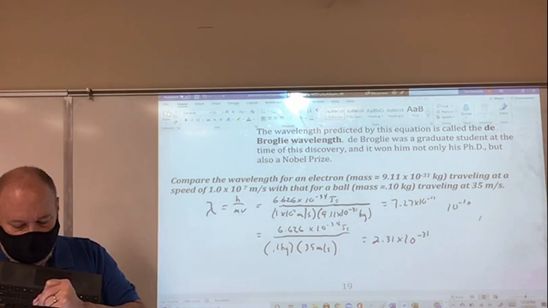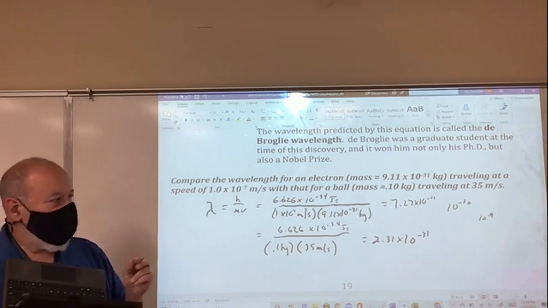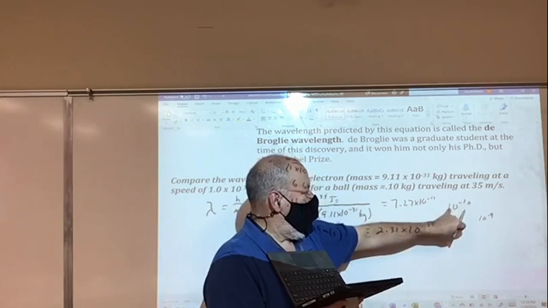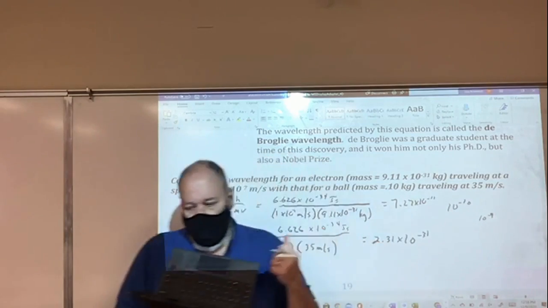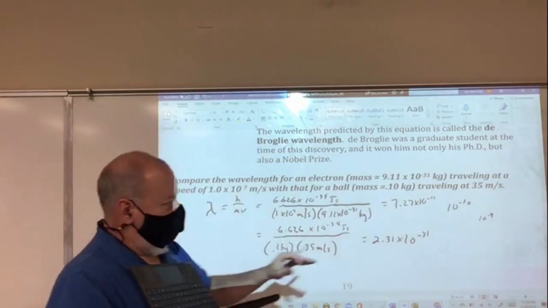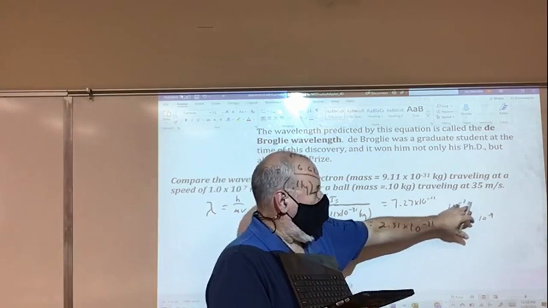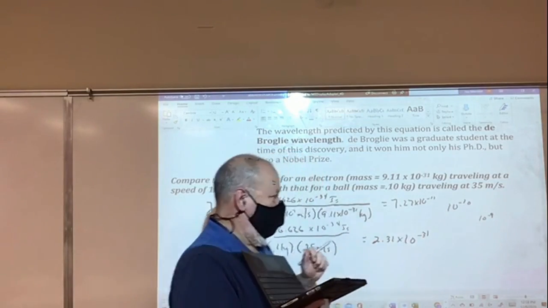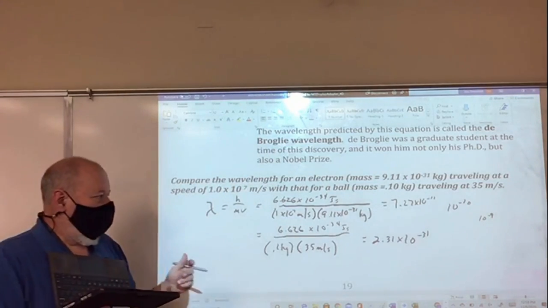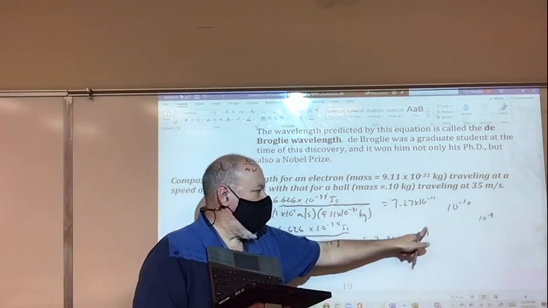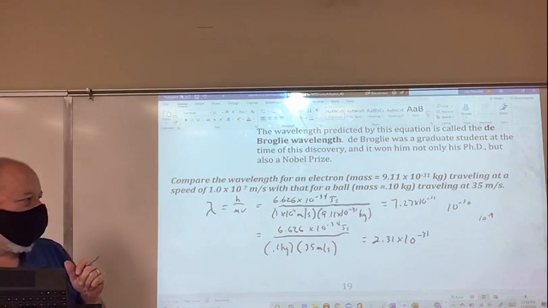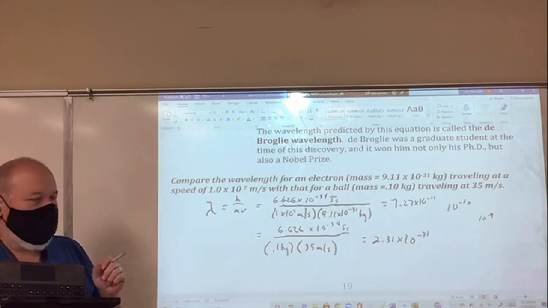And notice that this is about the size of an atom itself. This is in the range of the size of an atom itself, 10 to the negative 10th meters in diameter. But notice how tiny this other wavelength is. That wavelength is so tiny.